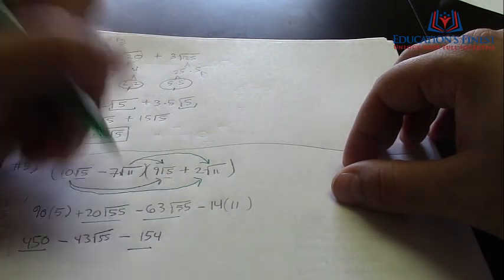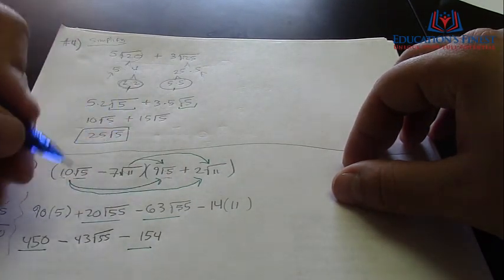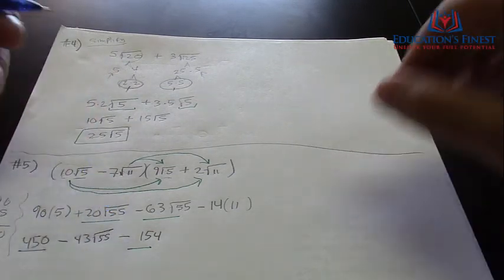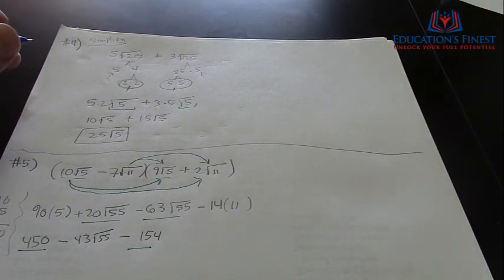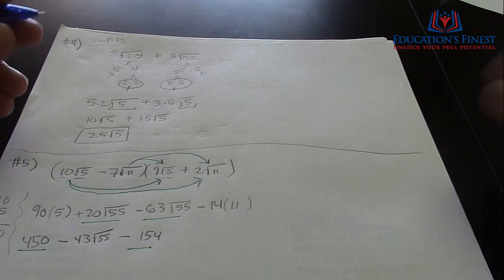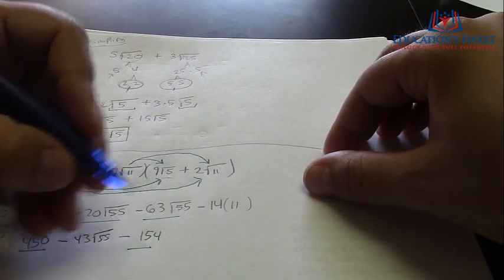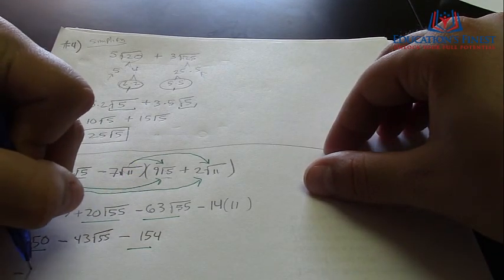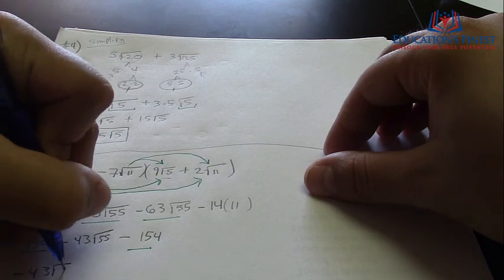Now, these guys are the last things that are left to combine, because these are just numbers. So we have 450 minus 154, and that is going to equal 296. So we have negative 43 root 55.